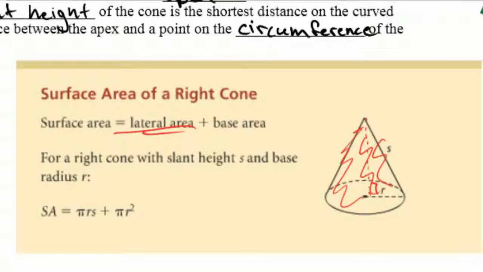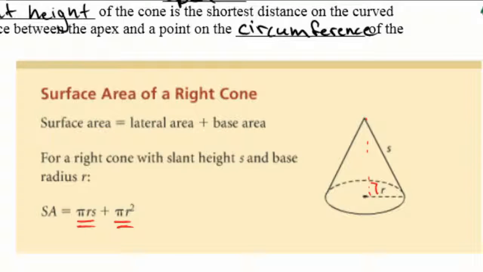And then we have the base area, which in this case is just a circle. So there's kind of two things here. This pi r s is the lateral area, which is just a fancy way of saying the outside. Pi r squared, you probably recognize that as the area of a circle, because it's a circle on the base of this cone. So those are the things we need.